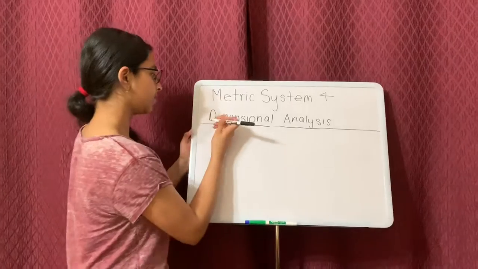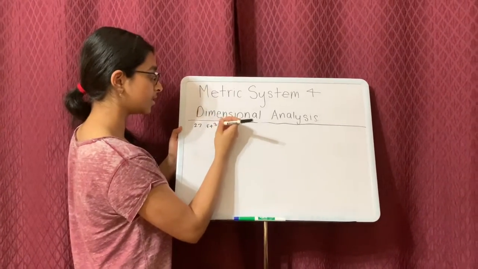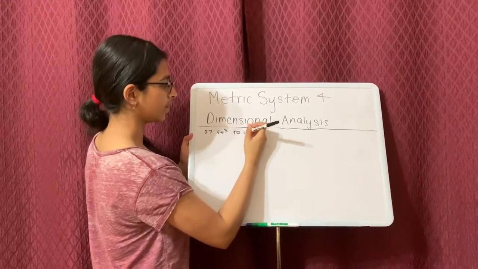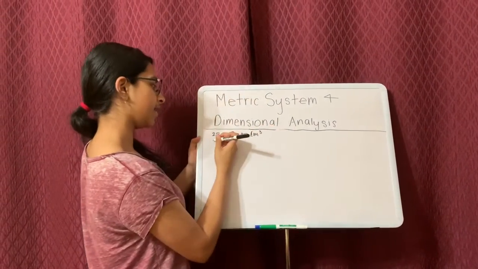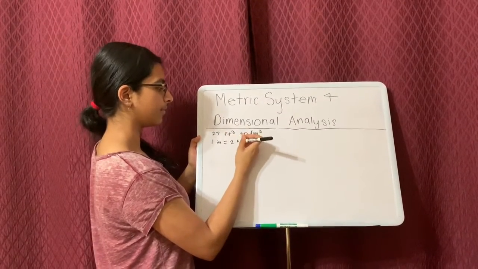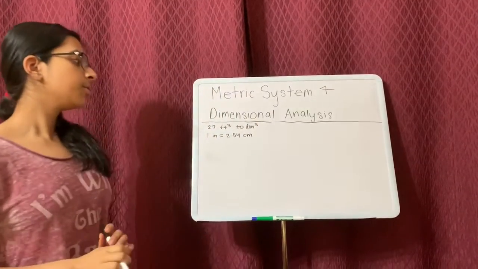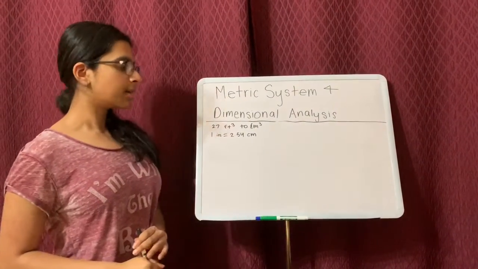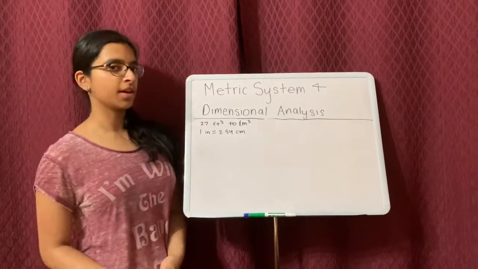So we're going to convert 27 cubic feet to cubic centimeters, given that 1 inch equals 2.54 centimeters. You could always set this up as a multiplication problem and just multiply or divide by the appropriate numbers.